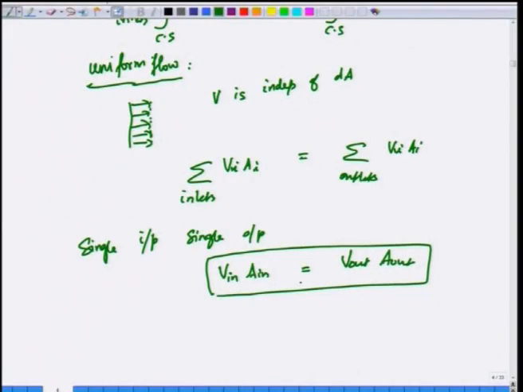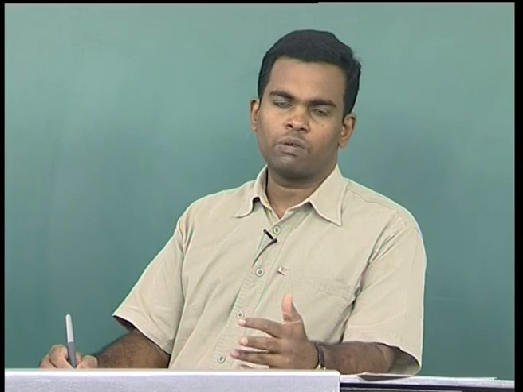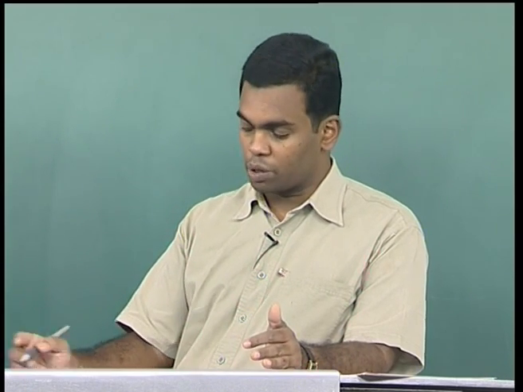So if the flow is uniform, that is the velocity vector is independent of the cross sectional area, then this is the simplified form of mass conservation equation. V times A is the volumetric flow rate Q, so Q in is Q out. Generally if you have a single input single output problem, since the fluid density is constant, the rate at which volume is flowing in is equal to the rate at which volume is flowing out.